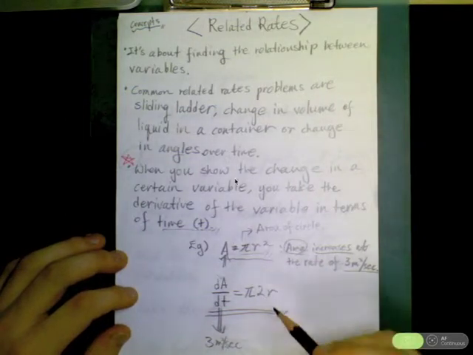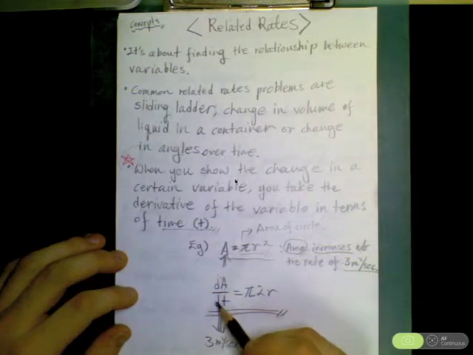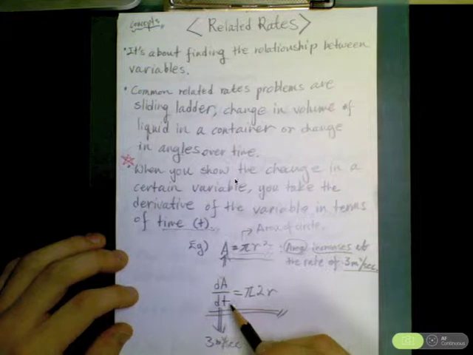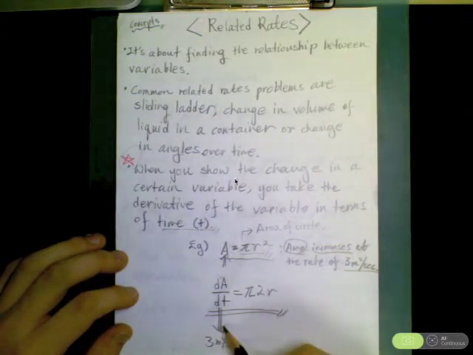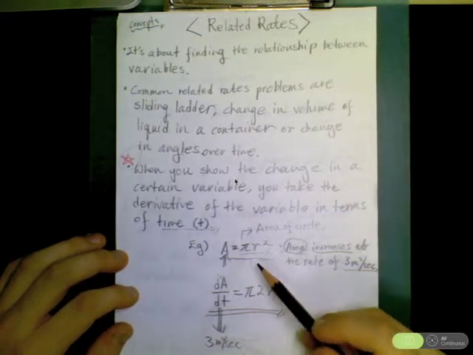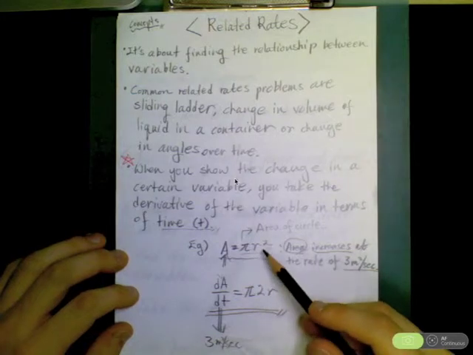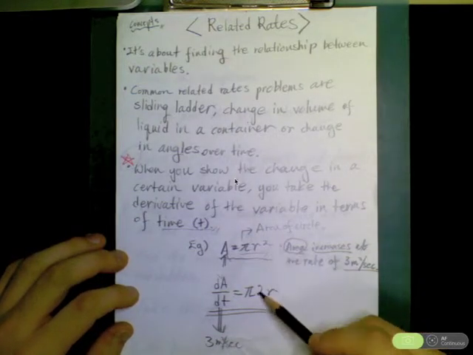Once we do it, we get dA over dt, the result of taking the derivative of A in terms of time t, and this is 3 meters squared per second. If we take the derivative of the rest of the equation, pi just comes down because it's a constant, and the derivative of r squared is 2r.